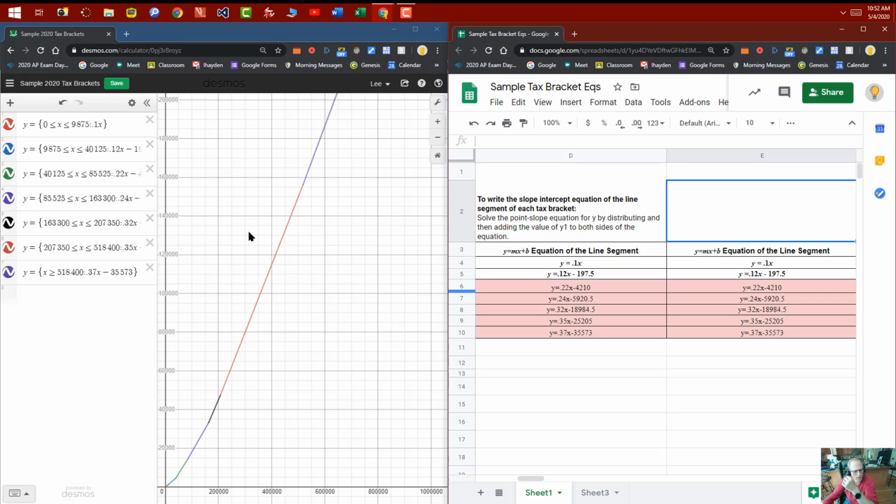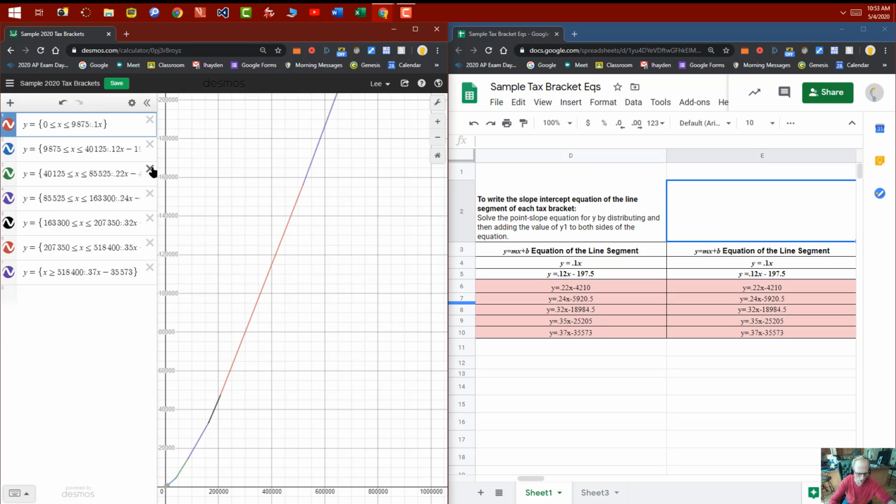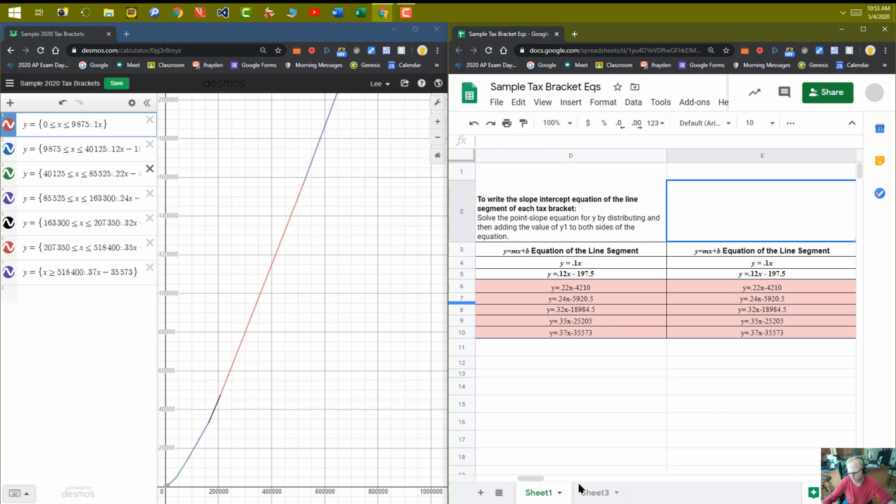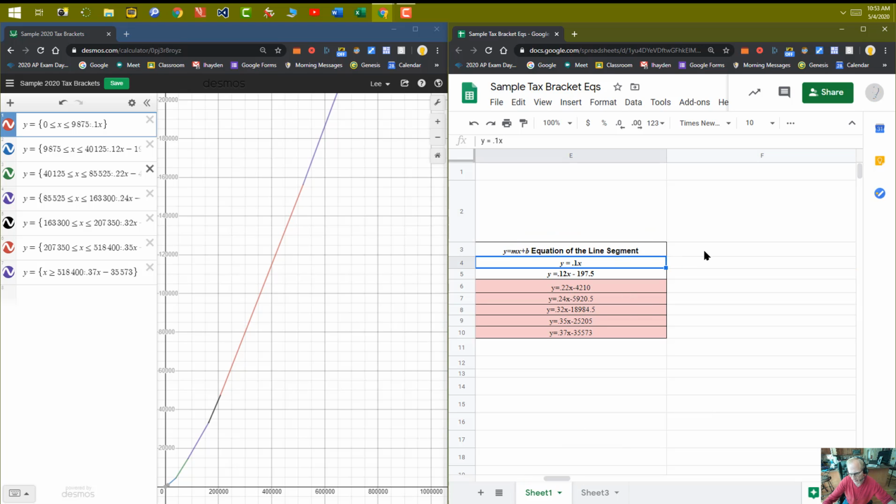Well, how do you shift a function left and right? You subtract or add to the x variable. So what we're going to do is adjust all of our equations by subtracting 12,400 from x.